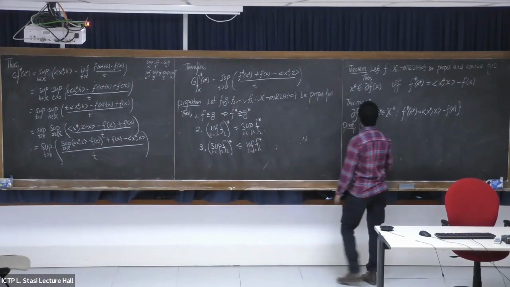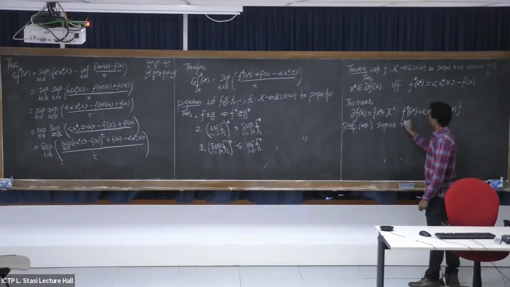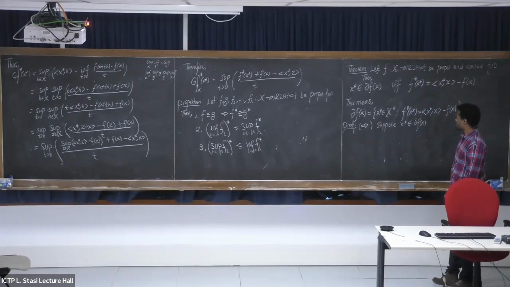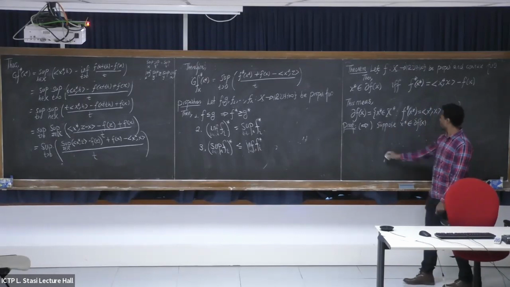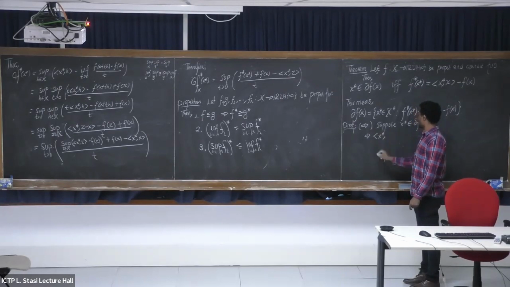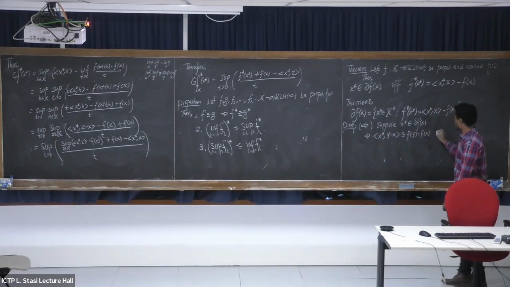In this way, suppose x star is an element of the subdifferential of f at x. This implies that x star of y minus x is less than or equal to f of y minus f of x, for all y.